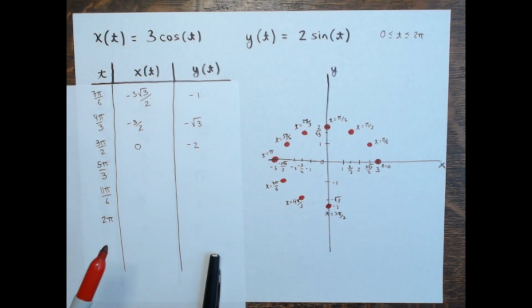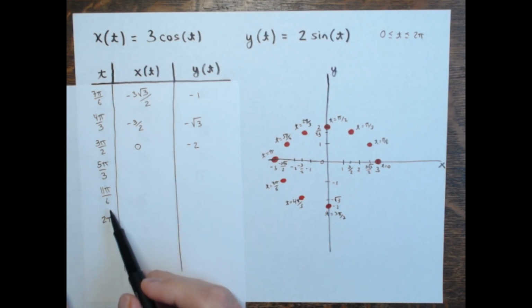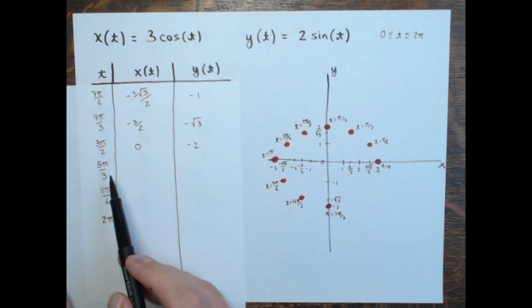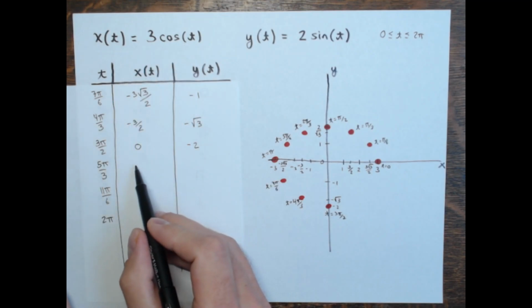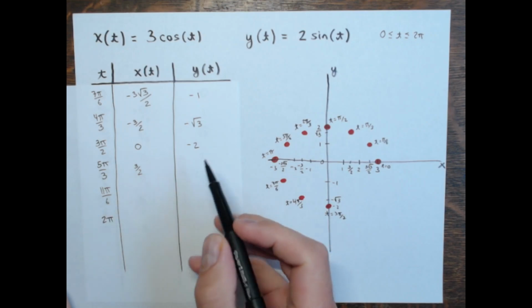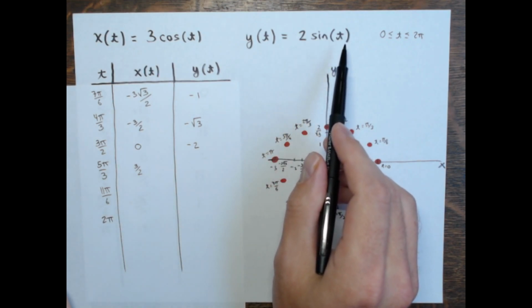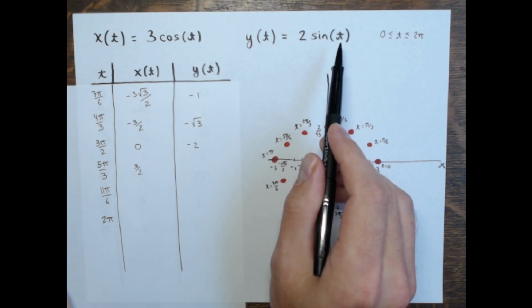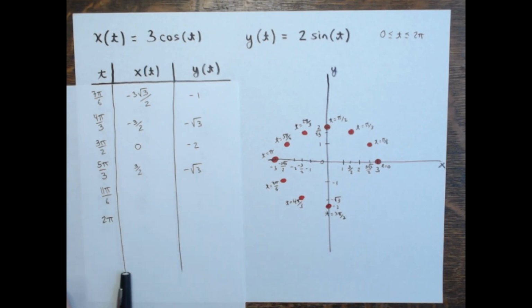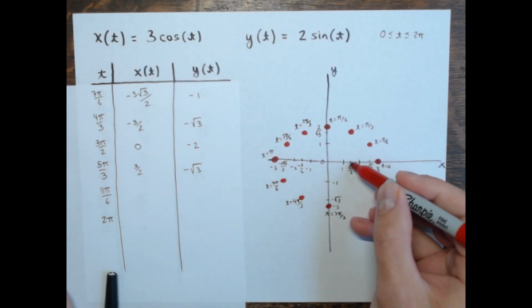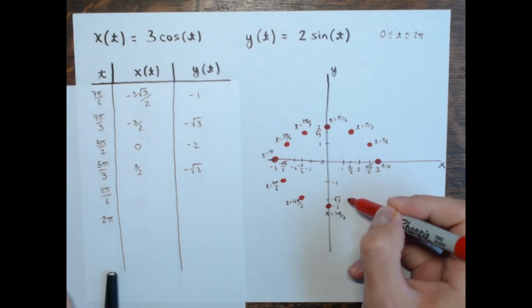And then 5 pi over 3, right? Now we're into quadrant 4 angles when you're thinking of them in standard position, and in quadrant 4, cosine's positive, sine's negative. Cosine of 5 pi over 3 is positive half, times 3 would be positive 3 halves. And then the sine of 5 pi over 3 would be negative root 3 over 2, times 2 would be negative root 3. Okay, so I'm at 3 halves for x, negative root 3 for y.